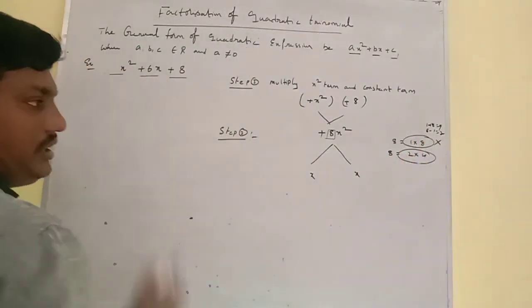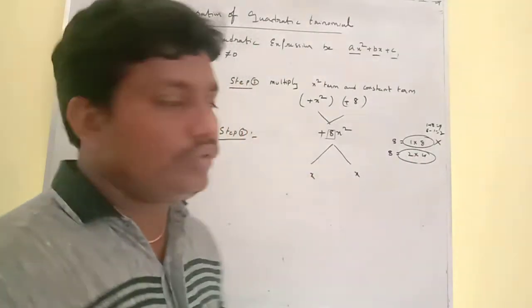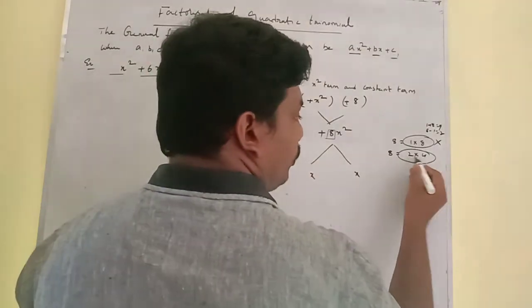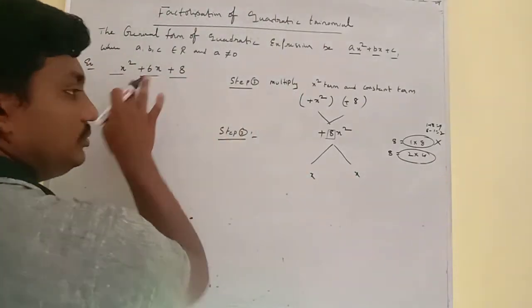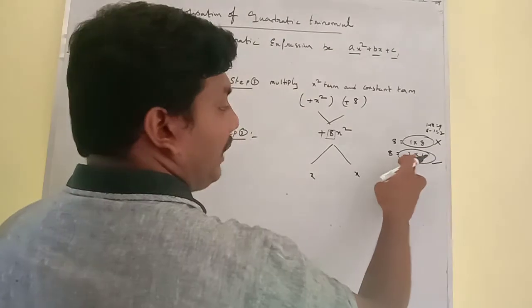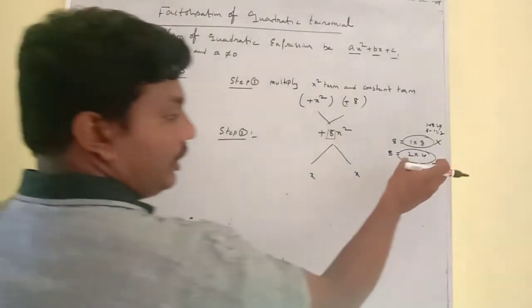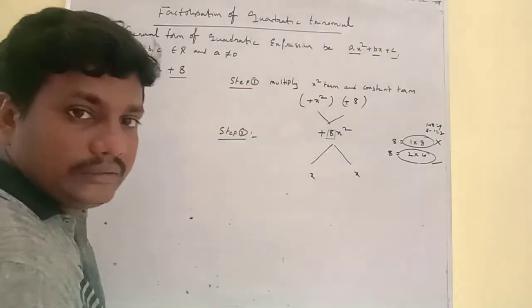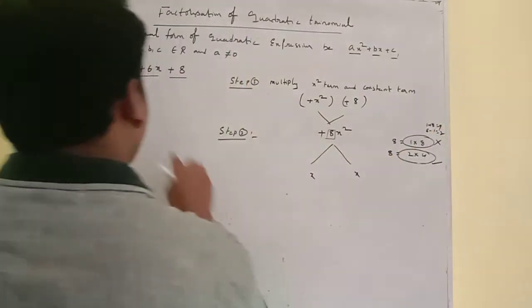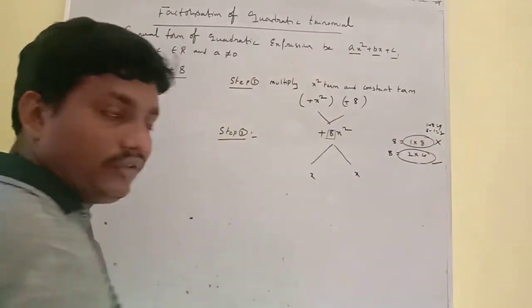Now take 2 and 4. The sum 2 plus 4 is 6. Yes, it is possible. The difference, 4 minus 2, is 2. So we consider 2 and 4 as the factors. If it were 9 and 7, we would consider the factors 1 and 8.